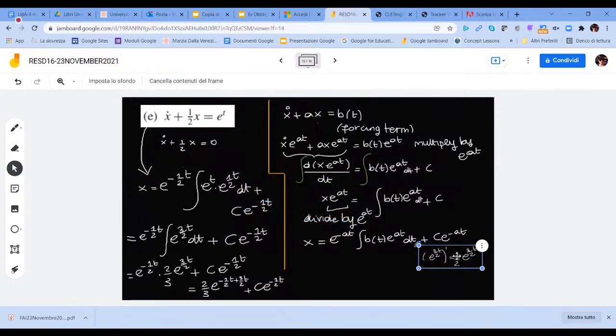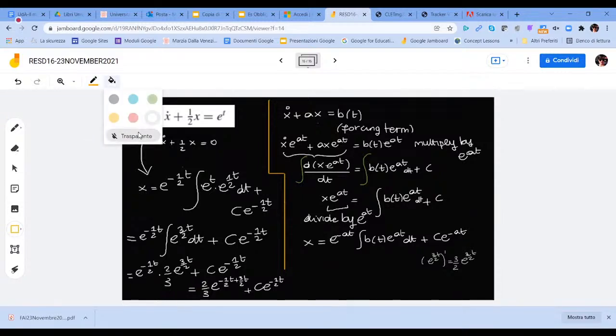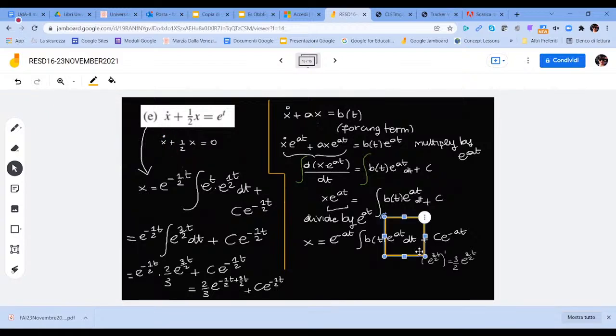So this I can put inside something that is transparent. Not there, but there.